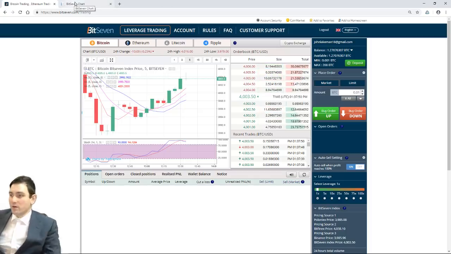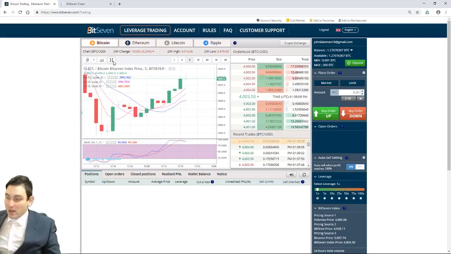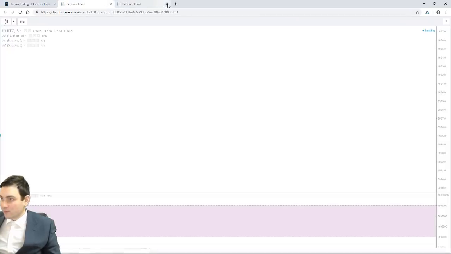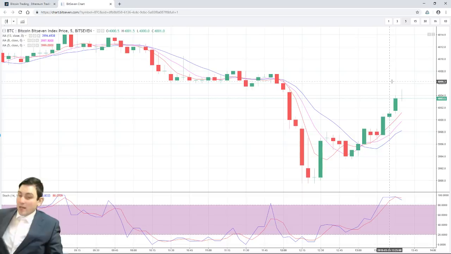Okay, we have here our traditional Bit7 platform interface, and let's have a look at the full scale Bit7 chart. So it's kind of interesting.